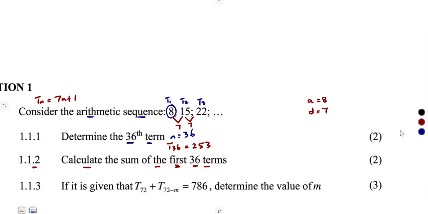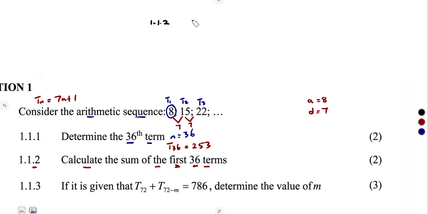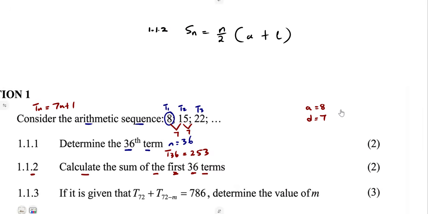But do also remember that we can determine the sum of terms of an arithmetic sequence from n over 2 into a plus l. Knowing this formula, guys, can help you to simplify in an easier way. So I'm going to use the other one. Do not worry about that. Let me start with this one.